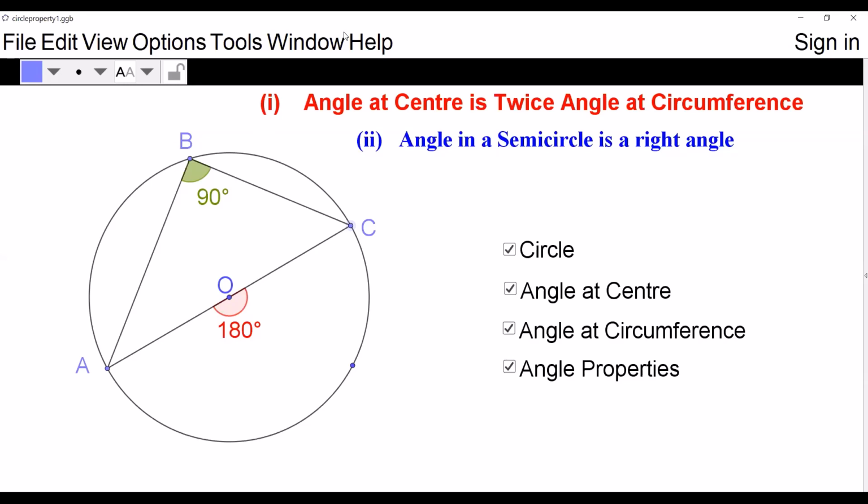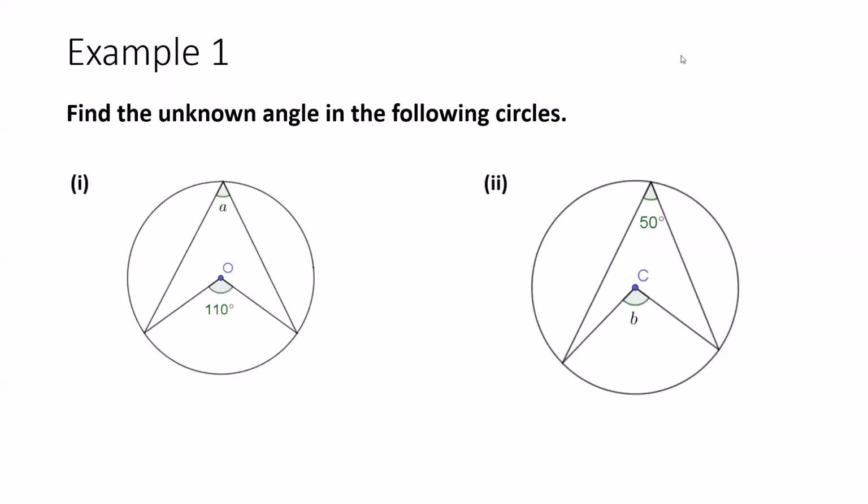We will now take some examples on this first property of circle. Example 1. Find the unknown angle in the following circles. Part 1. Angle at center is 110. Therefore, angle at circumference is equal to 110 divided by 2, which is 55. Part 2.